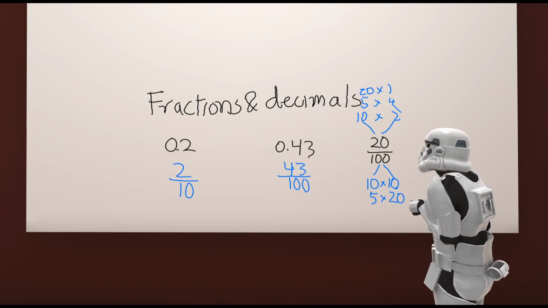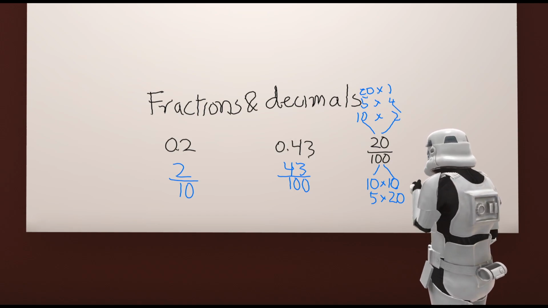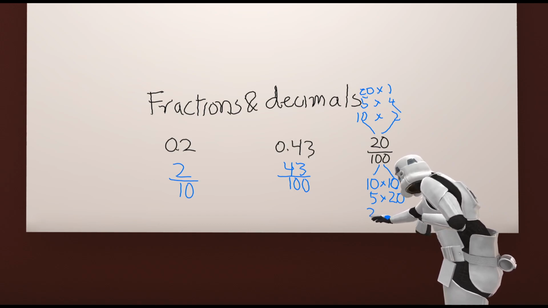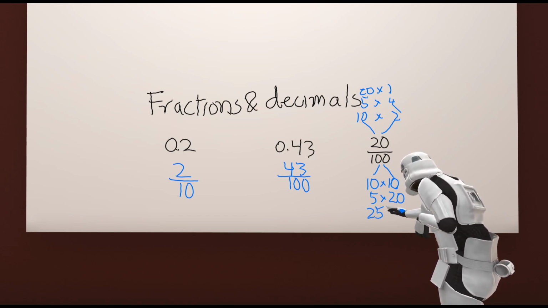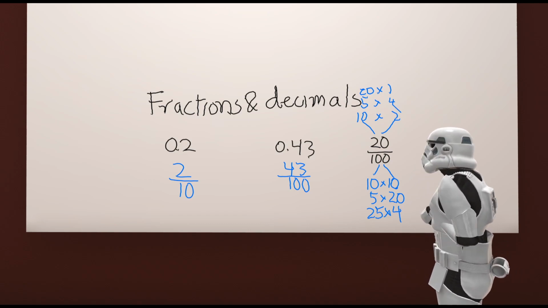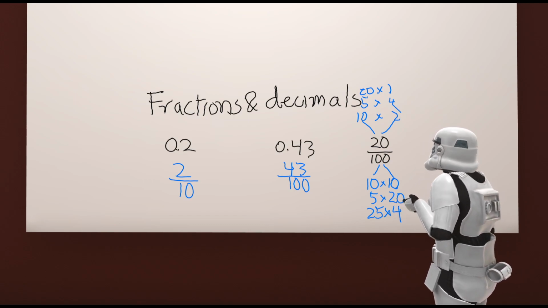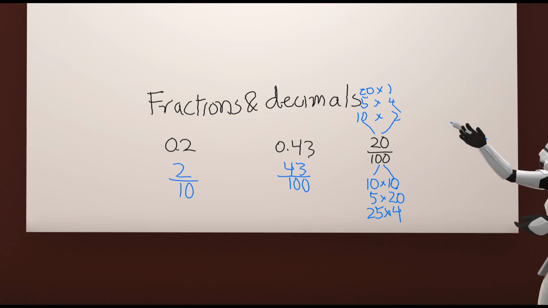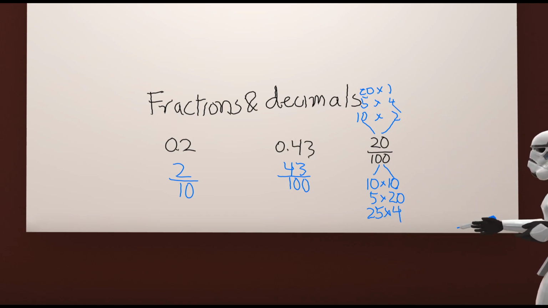Turns out that there's a 20 up the top too. We could also have 25 times 4. And we might leave it there. Now, what we're looking for is a number that's up the top and a number that's down the bottom that matches, that is the highest number.